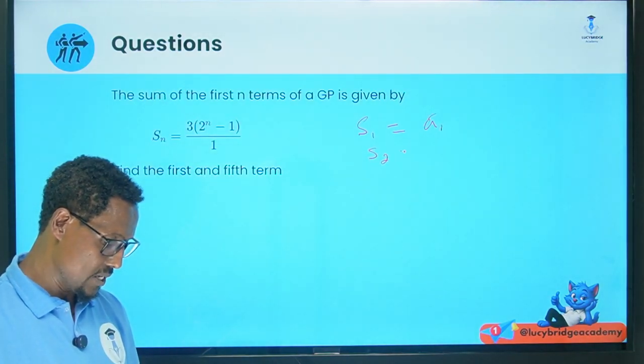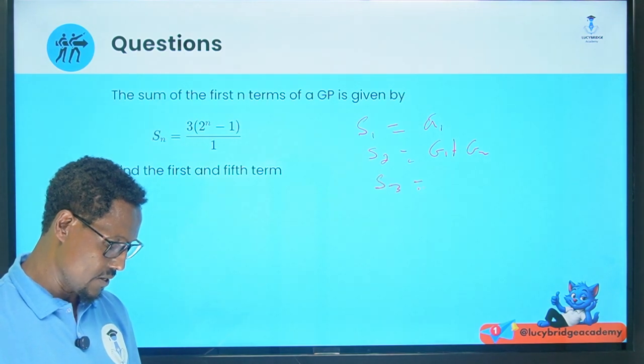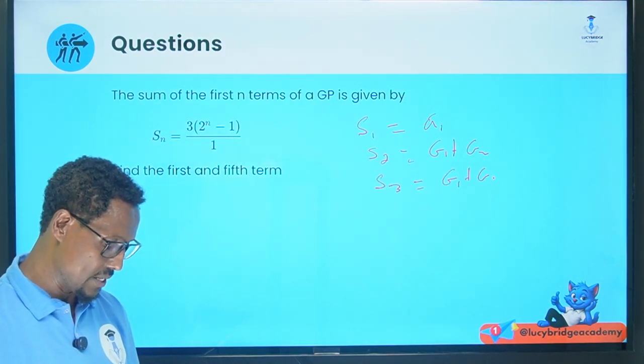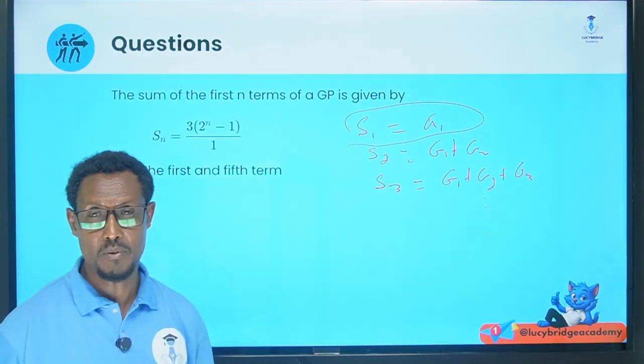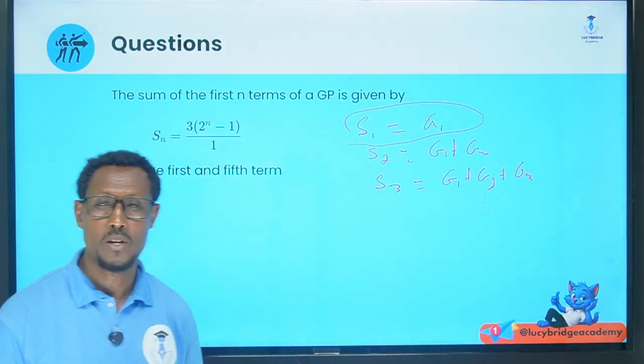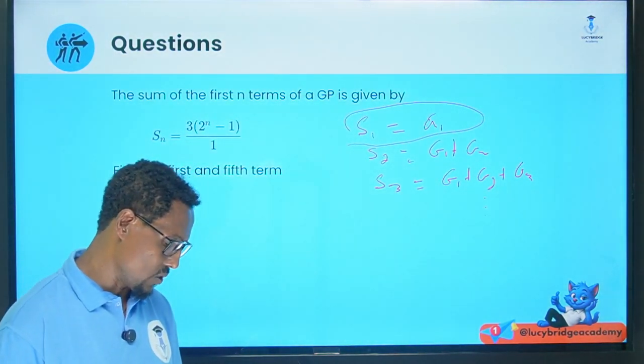S2 means G1 plus G2. S3 means G1 plus G2 plus G3, and it continues like this. Here you have to know that the sum of the first term is the first term itself. That means S1 is equal to G1.